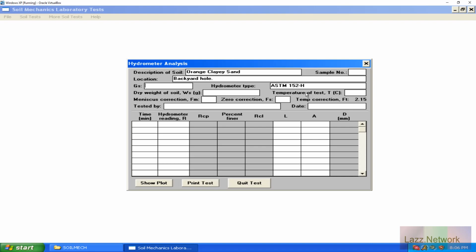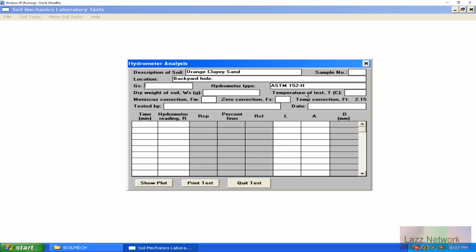So your 152 hydrometer has whole numbers with lines on it, so you know what your reading is. I didn't cover this while explaining the whole process of the test, but technically, when you take your reading, you put your hydrometer in your 1,000 milliliter cylinder, and you take your reading at the top of the meniscus of the water.